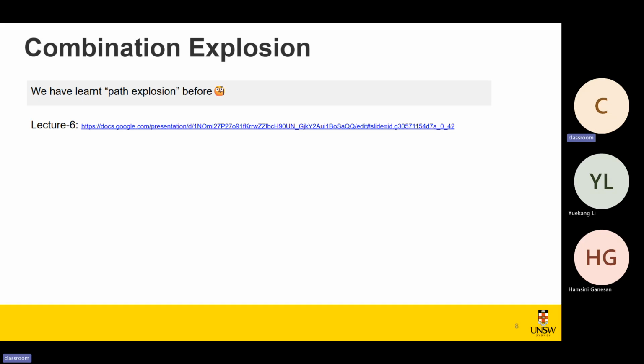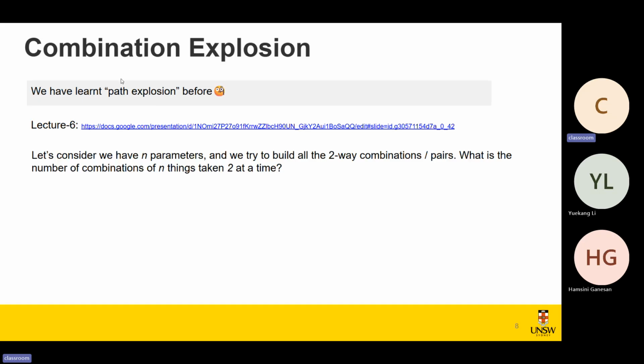So explosion here means we have too many things to deal with, right? So it's similar here for combinations. Let's think about this scenario. Let's consider that we have n parameters here, and we are trying to do two-way combinatorial testing for these n parameters.